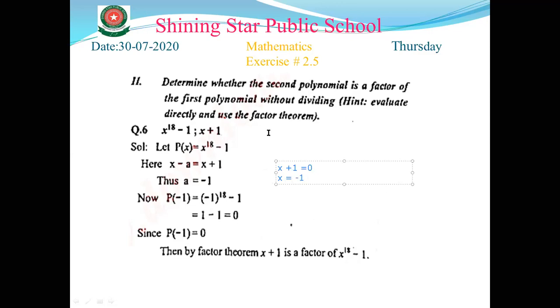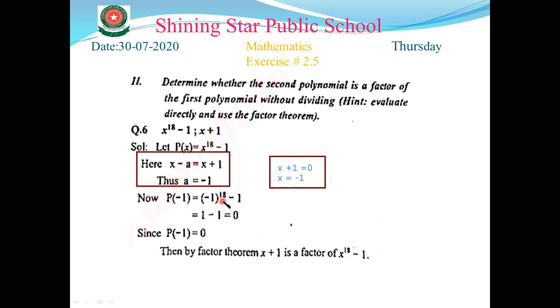So very simple. Okay, here are two different methods. You can write this step or you can write this step. It is up to you which method you adopt. Both methods are true. Okay, now basically we put x equal to minus 1. So p of minus 1, power 18 minus 1.